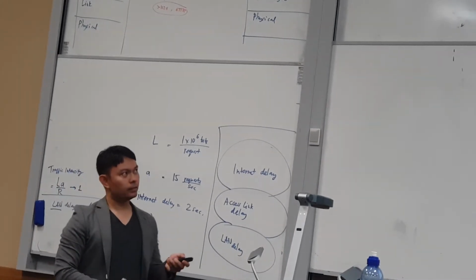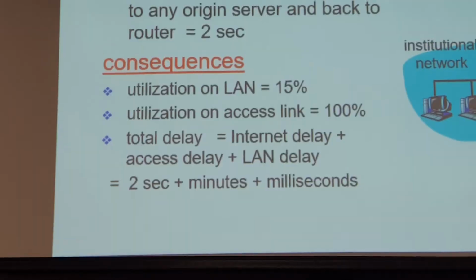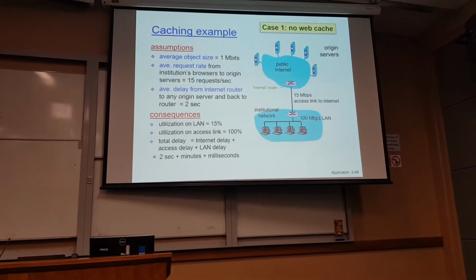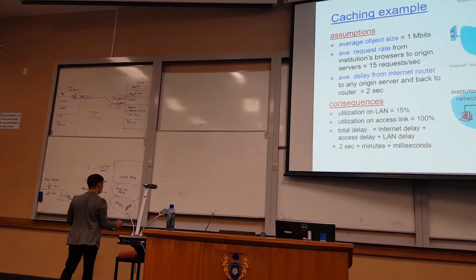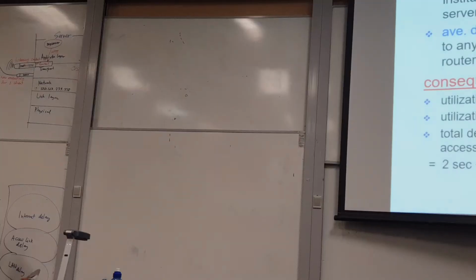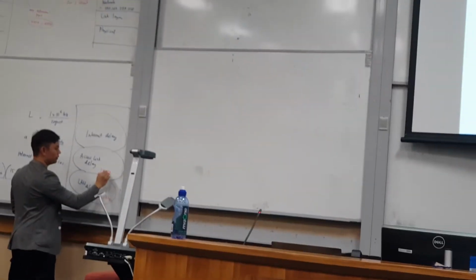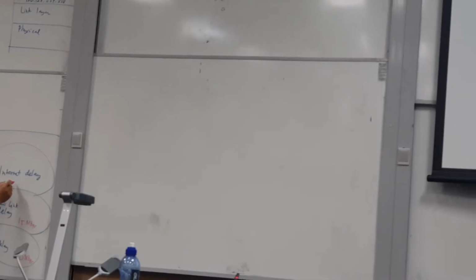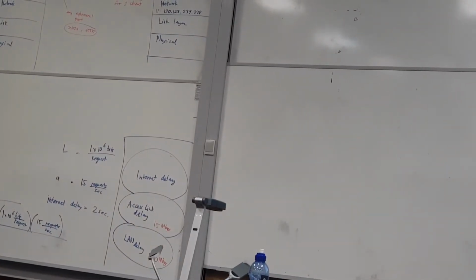From the previous slide, it comes with a bandwidth of 100 megabits per second. Here we're going to have 15 megabits per second. For the internet, we just know that it is going to give us an average delay of 2 seconds.